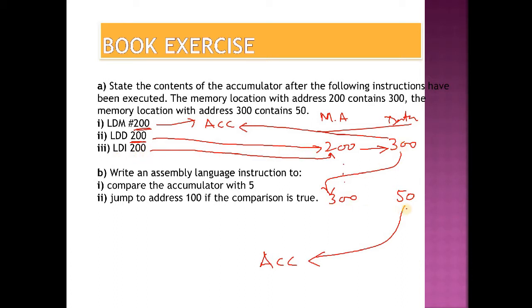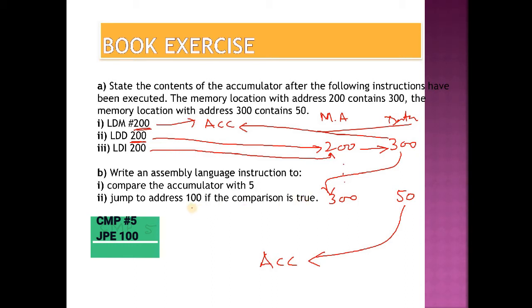Okay, then after this, write an assembly language instruction to compare the accumulator with the value 5. To compare, we have the instruction CMP with the value 5. We will write 5 here. Next is jump to address 100 if the comparison is true, meaning if the value of the accumulator is equal to 5, then jump to address 100.